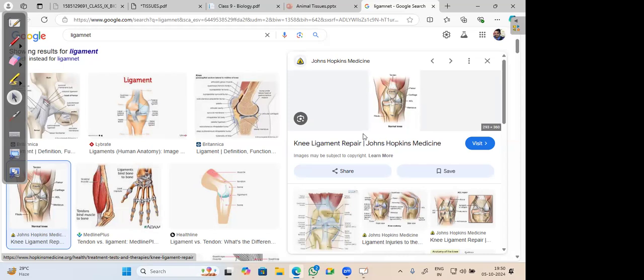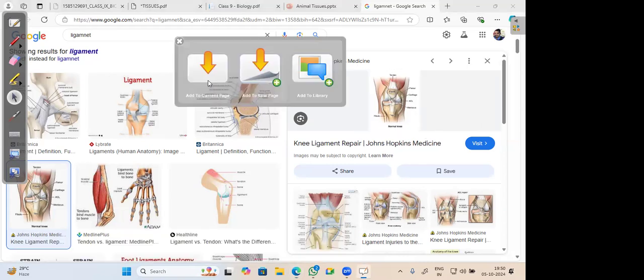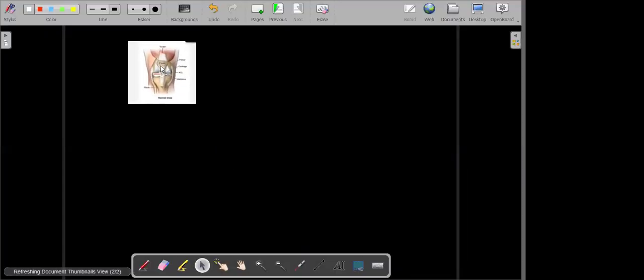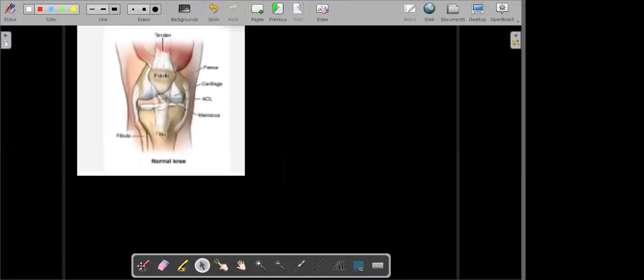Now here on the side, just let me show it again. So see here. The upward portion is a muscle, and this muscle is joined to the bone with the help of this tendon.